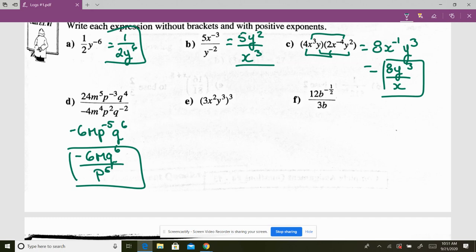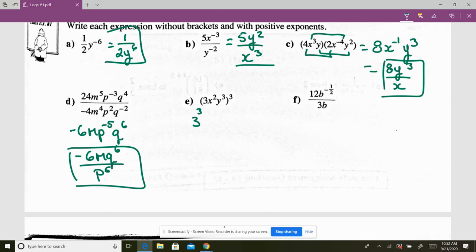Next, 3x^2 y^3, all raised to the third power. Where does that power of 3 go? Everything. So that means it's 3 cubed. I'm just going to deal with the x^2 right away. What do you do when you have an exponent in brackets raised to another exponent? Multiply them.